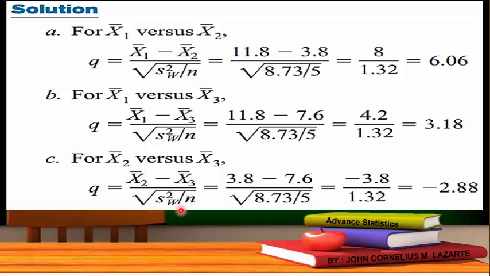By substituting the values to the formula, for the first comparison we got 6.06. The second comparison, we got 3.18. And lastly, we got negative 2.88 for the last comparison.